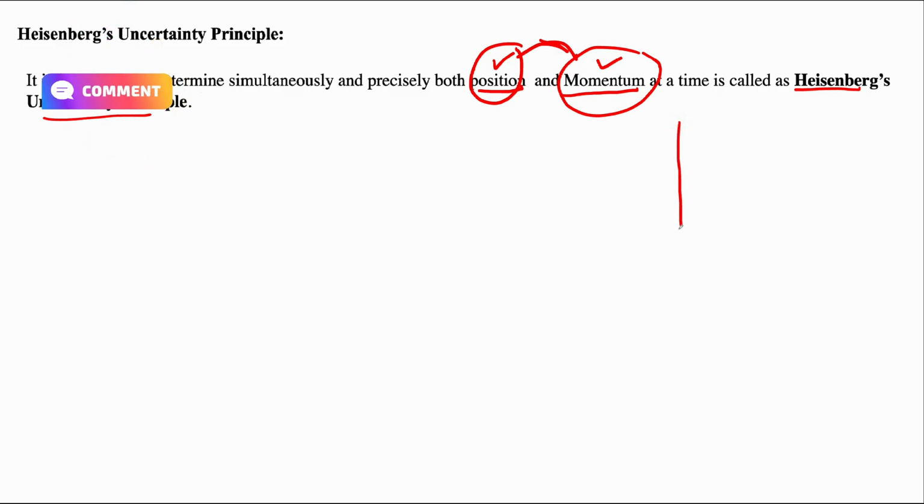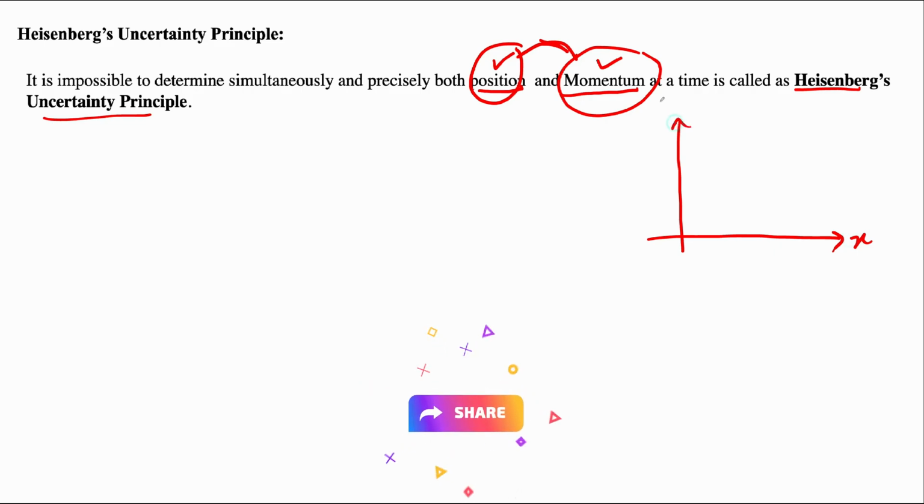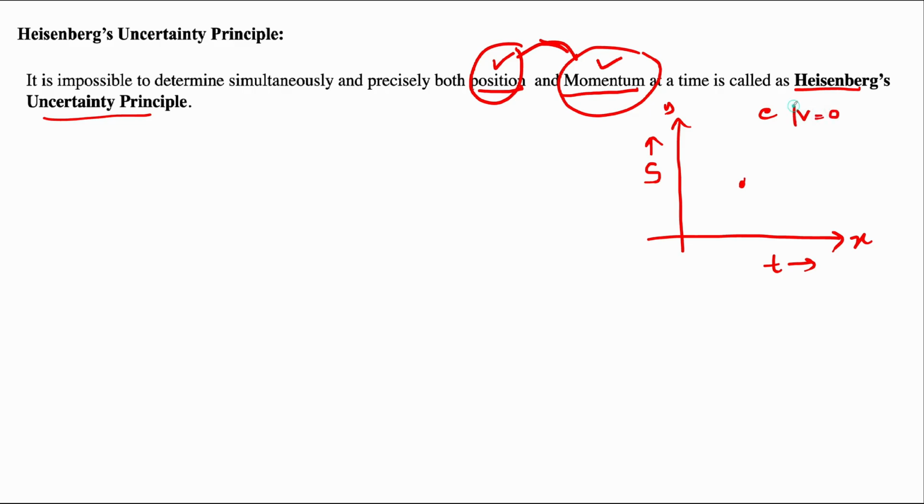Let me take a two-dimensional space, that is x-axis and y-axis. In the x-axis let us take time and in the y-axis let us take distance. Let us consider an electron somewhere around here, and the velocity of this electron is 0.